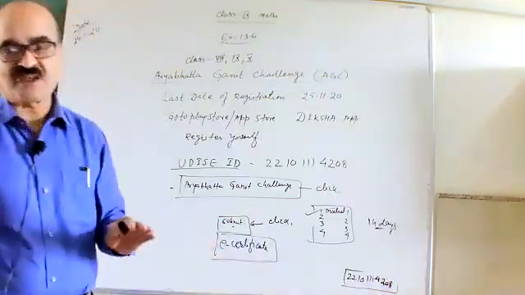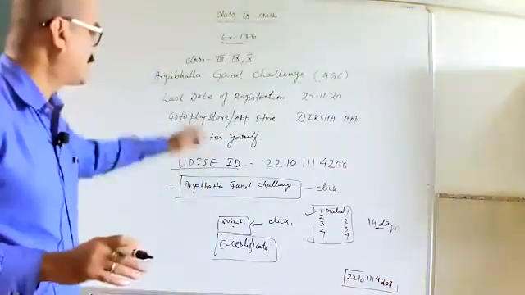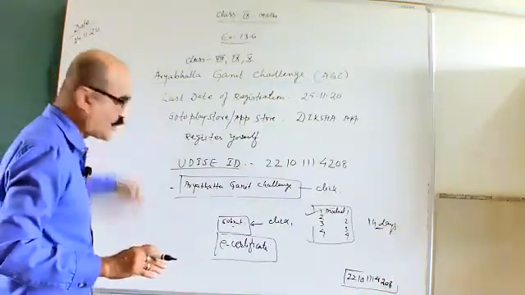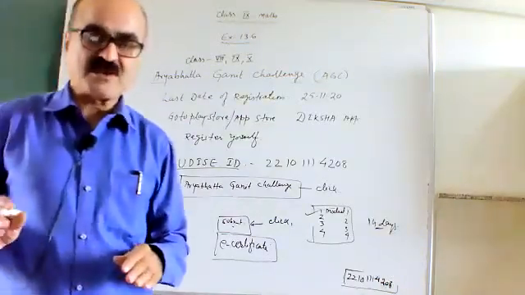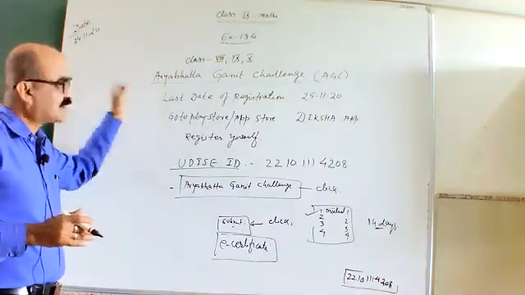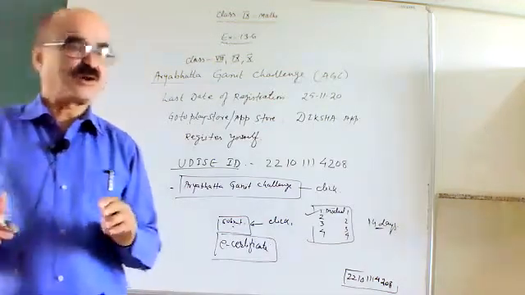If you are having any doubt related to this whole process, if you are facing problem while you are entering yourself in this R1 training challenge, you can call me.